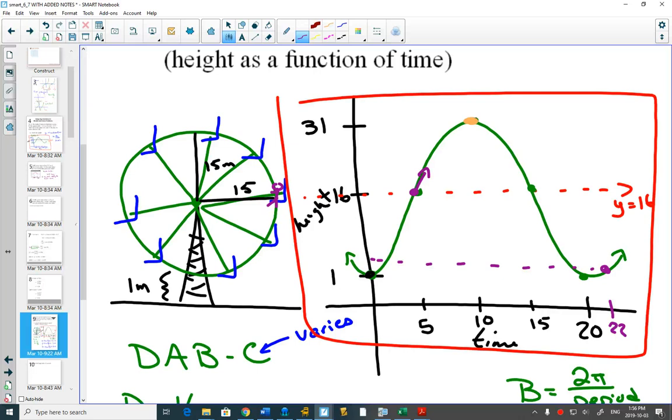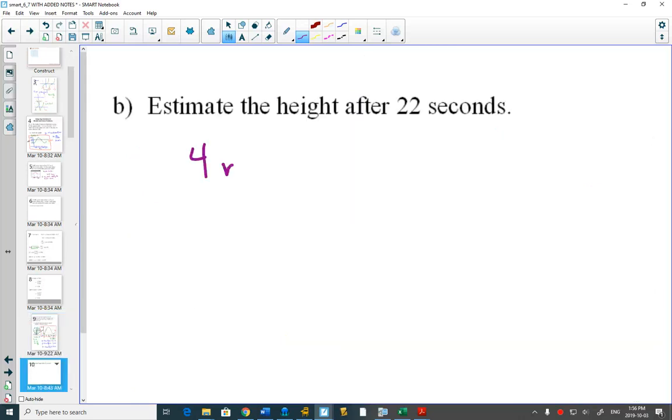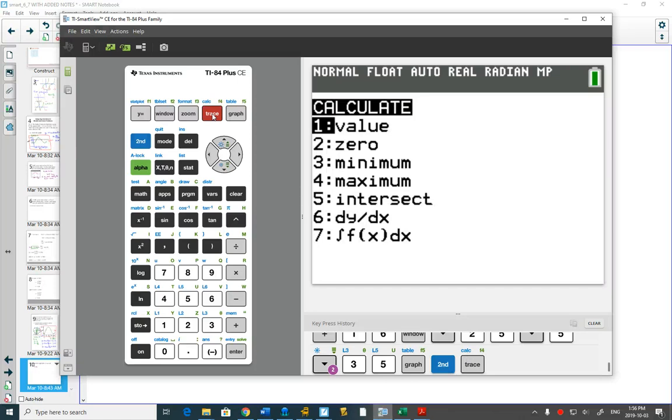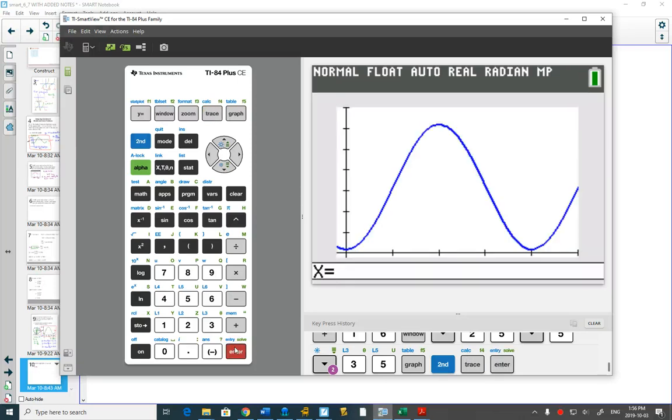I'm not sure. The problem with your graph is if things are not quite to scale, your estimate might not be the best. If you have typed it into your calculator, it can find it out exactly for you. Again, you can go second calculate, and here we want to find a value.